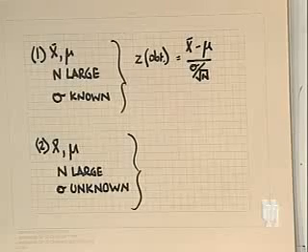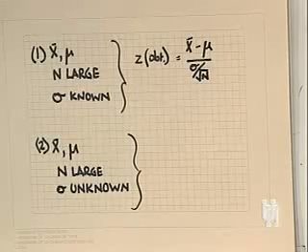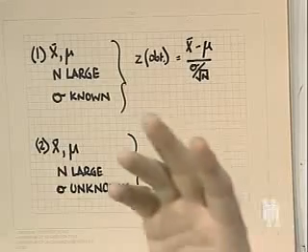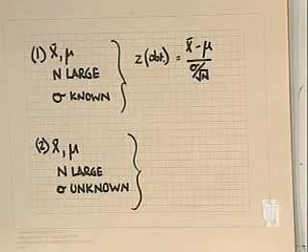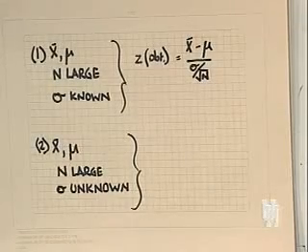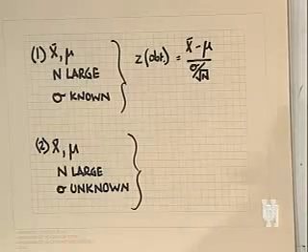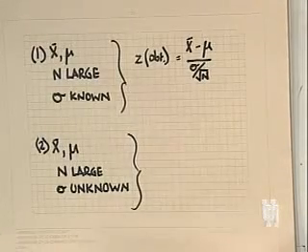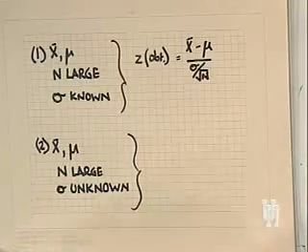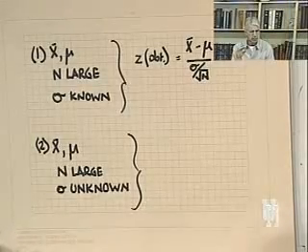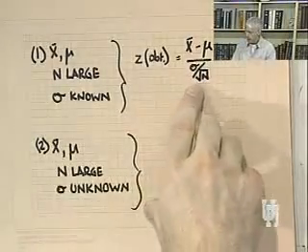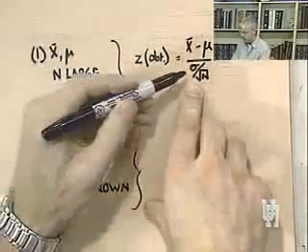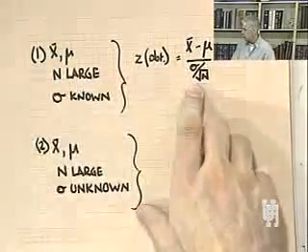This should be familiar to you for two reasons. First of all, when dealing with interval estimation, the estimate of mu was X bar plus or minus some Z-score multiplied by the standard deviation of the sampling distribution of sample means, which was sigma over the square root of n.